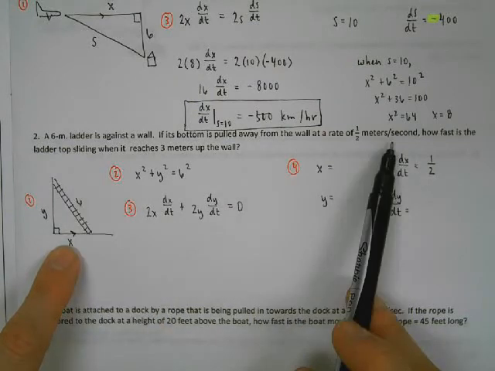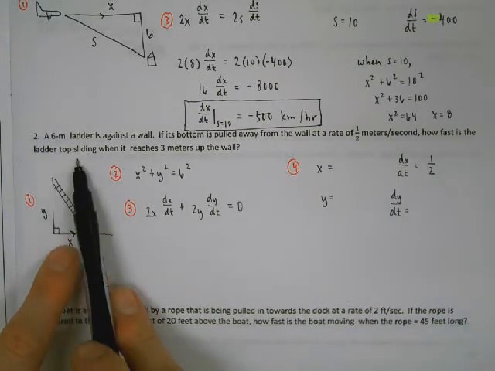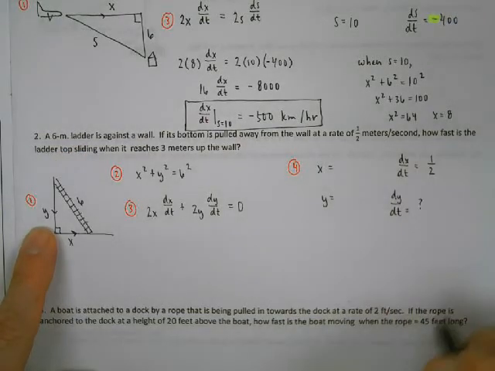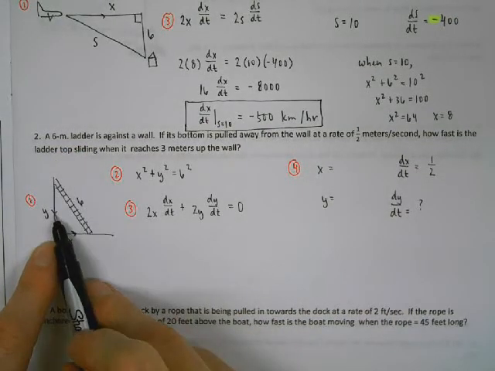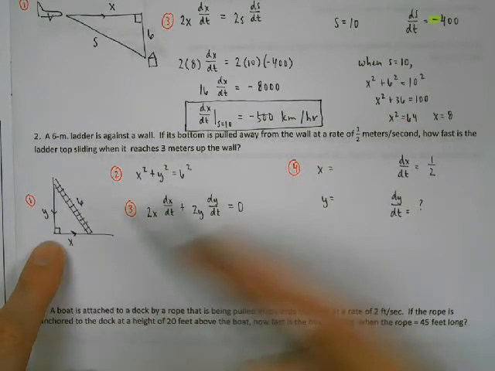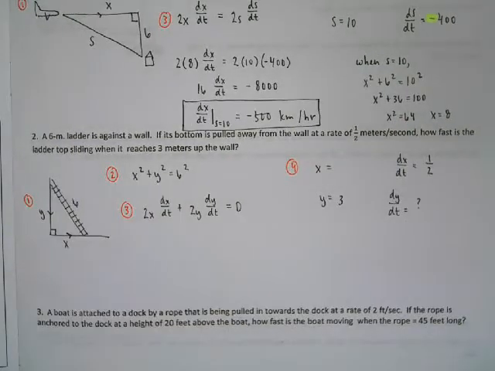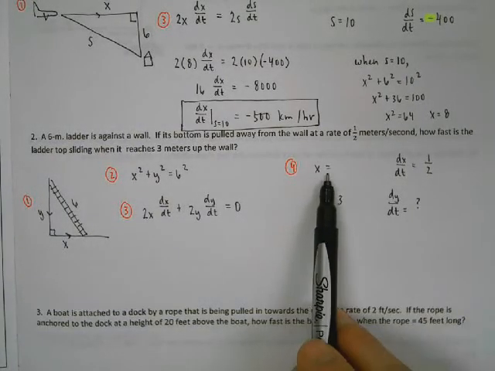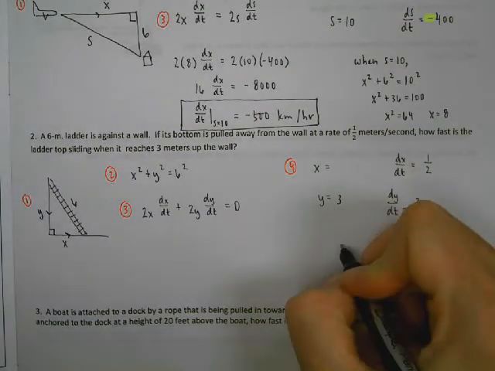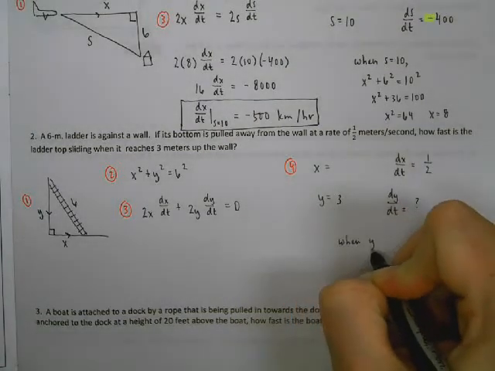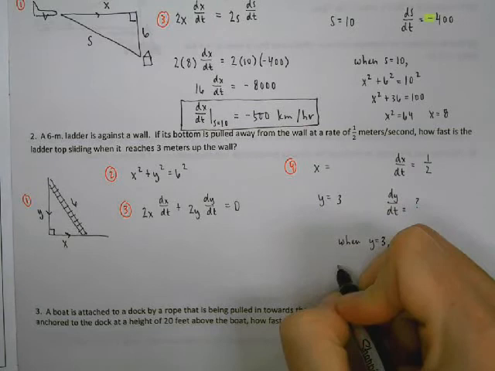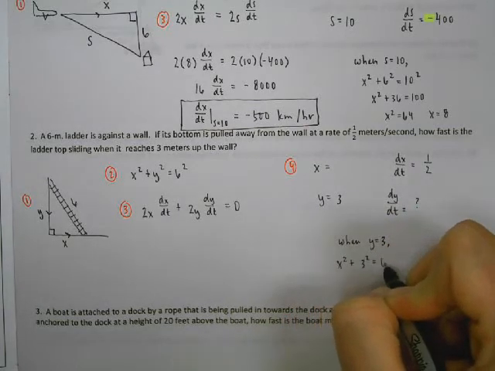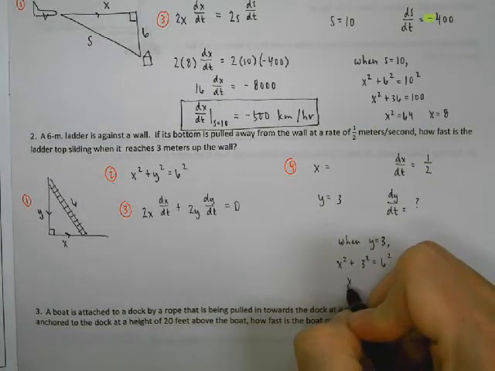So I know that, and I want to find how fast the ladder top is sliding. In other words, what's dy/dt when it reaches 3 meters up the wall. So in other words, when y is 3. So now again, we need to go back and solve for x. So what we know is that when y equals 3, we have x squared plus 3 squared equals 6 squared.